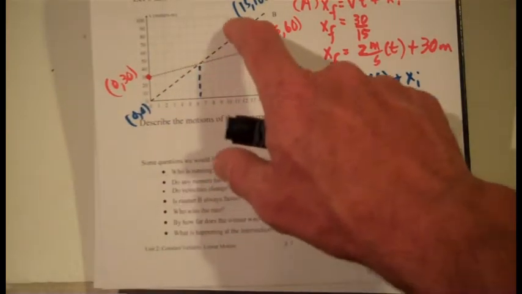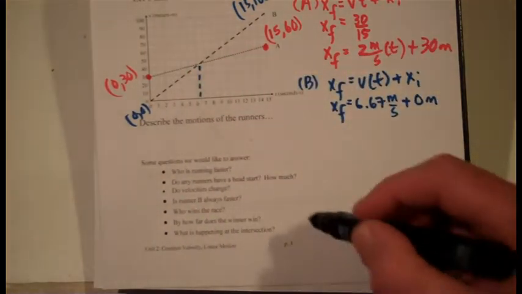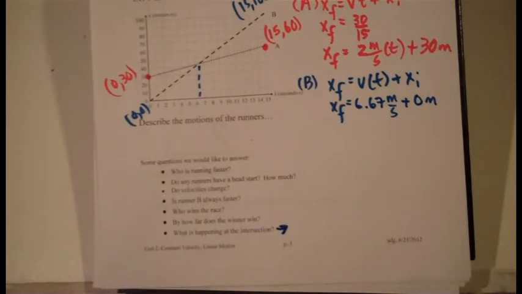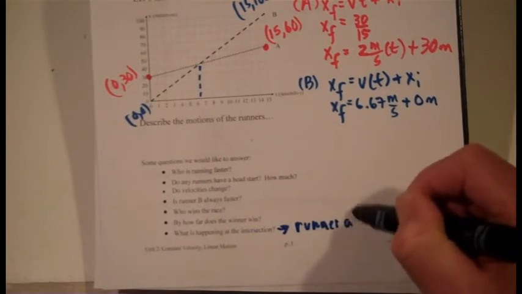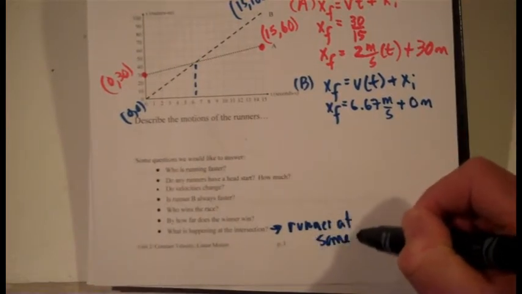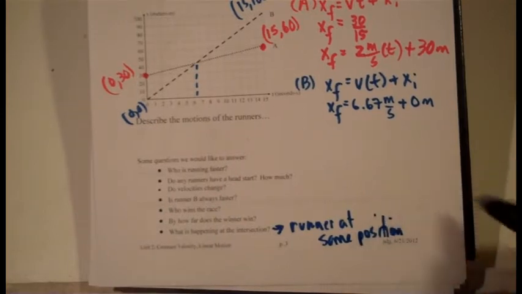Then after it, B's winning. So what exactly does that intersection point mean? That's where the runners are at the same position, right? You could say runner A is getting passed by runner B at that point.